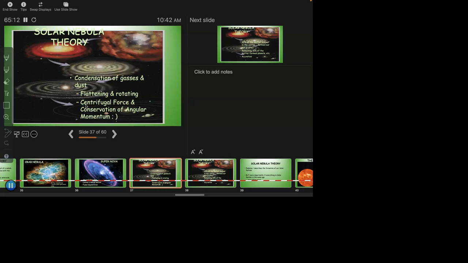And over time, with it smashing into one another, the same gravitational rules apply. 2 or 3 pieces is that much more likely to attract 2 or 3 pieces, and then they're that much more likely to attract 6 or 10 pieces, and so on and so forth. And the next thing you know, you've got all these rocky bodies floating around. Same thing happens with gases. Gases could clump together.